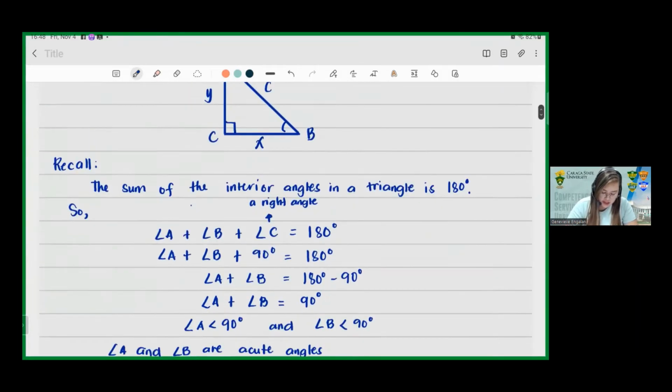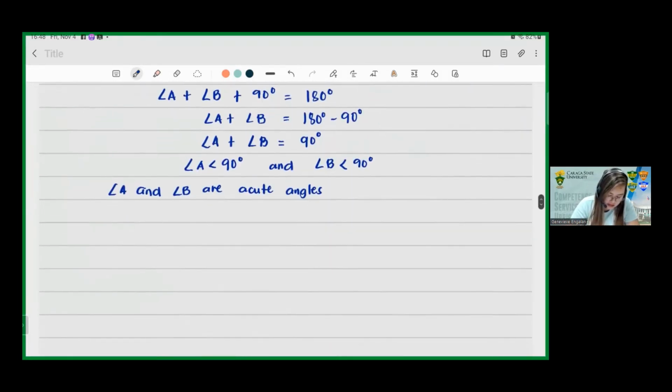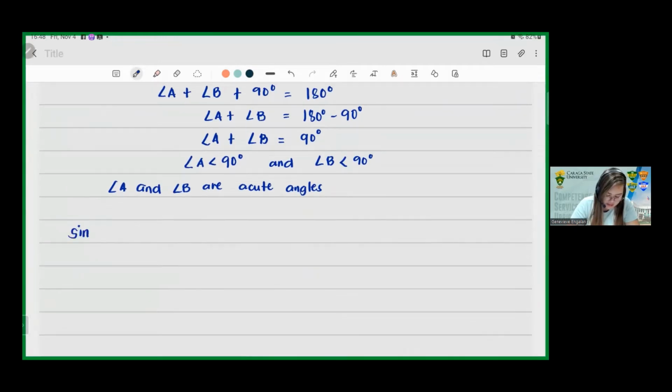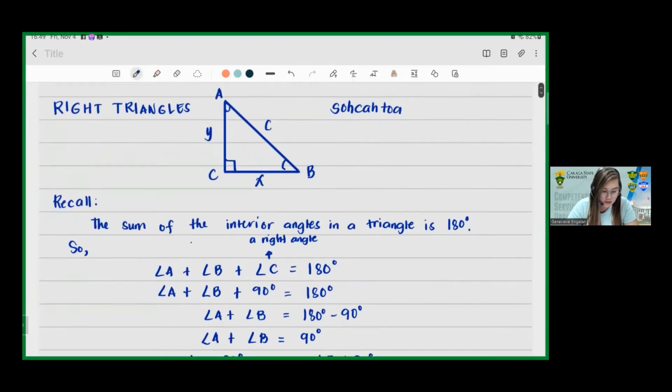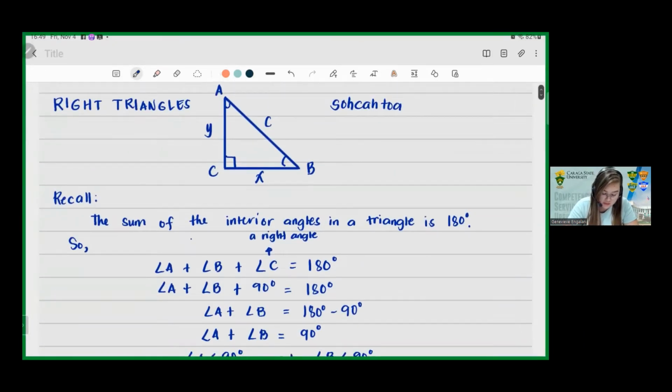Okay, so sine of angle A is equal to opposite over hypotenuse. Who is the opposite of A?